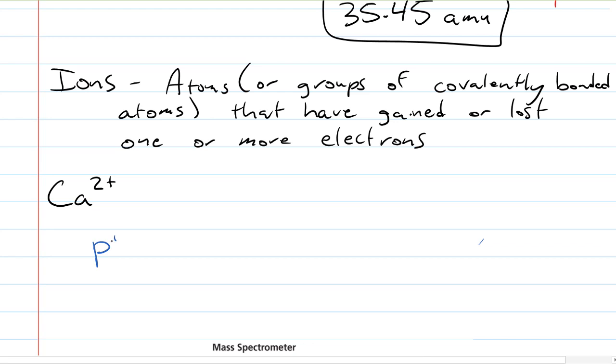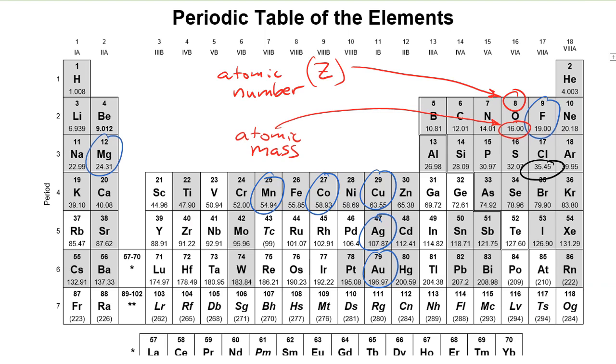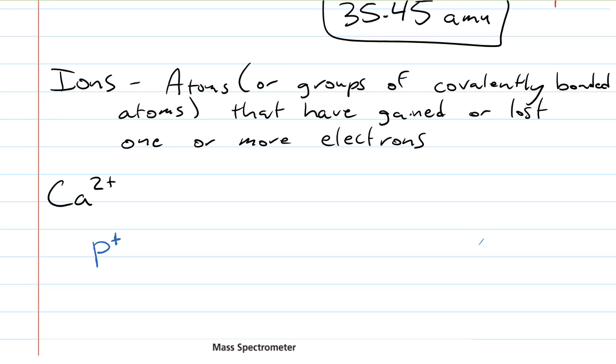How many protons would one of these atoms have? And how would we know? Periodic table. So if we look at the periodic table, how many protons would calcium have? Here's calcium. How many protons? 20. So we come back here and we say it has 20 protons.